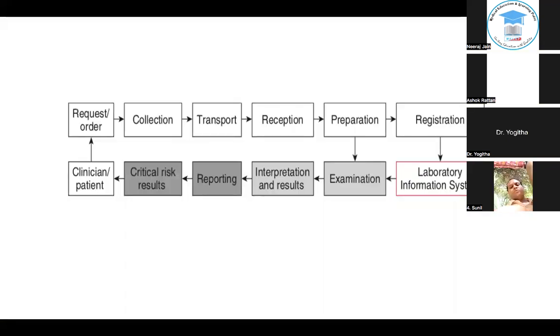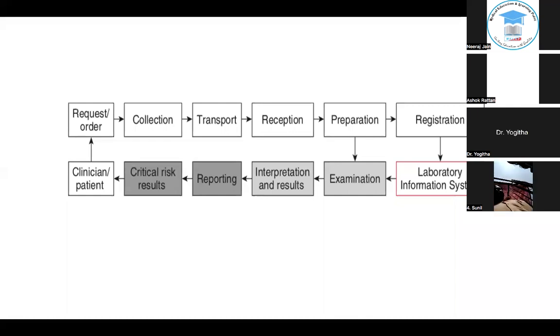And if you see what exactly we are doing, the sequence of activities: you are receiving requests, you are collecting samples, you are transporting samples, then someone in the laboratory receives those samples. Then they carry out certain processing, maybe aliquot formation, and these different aliquots are transported to different sections of the laboratory based on the type of test required.